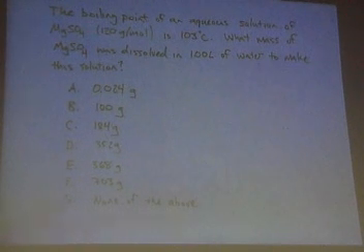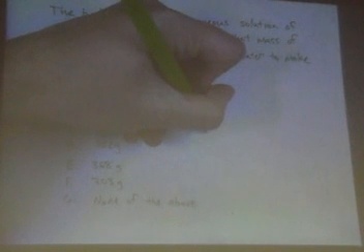So, you'll remember that delta T_B is going to be equal to the Van 't Hoff factor i times the constant for the boiling point elevation times the solution's molality.